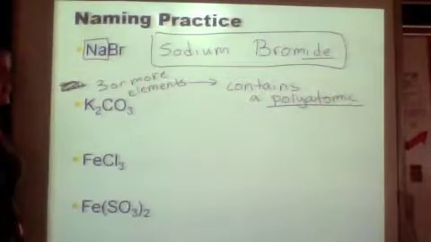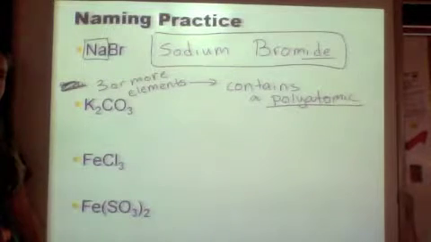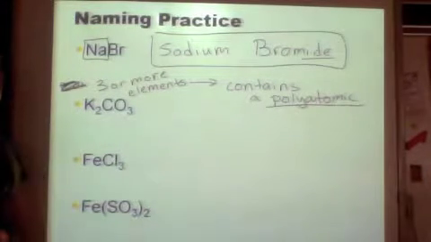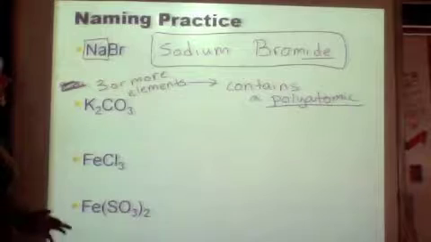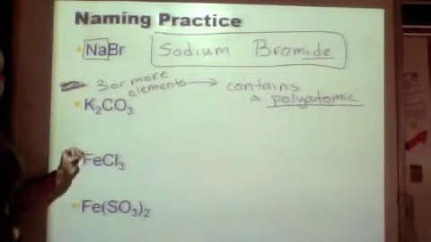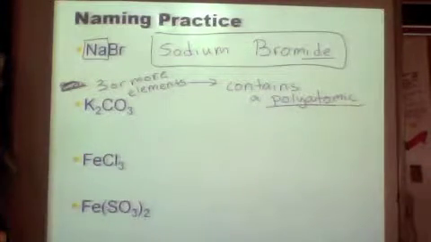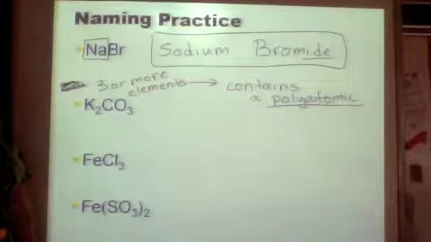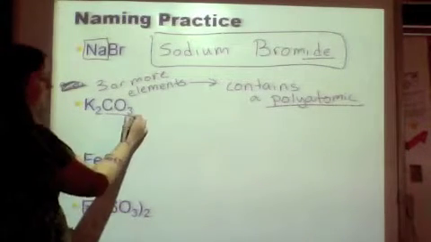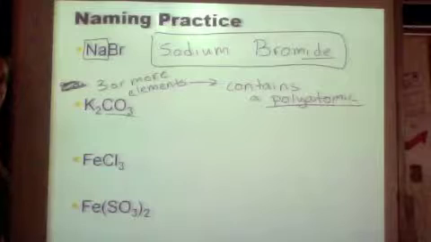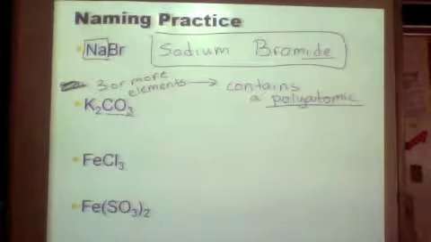So you need to look on page 7 of your reference table. So if you don't have that out, pause the video and get it out. If it contains 3 or more elements, you need to spot where the polyatomic is. So for this one, K2CO3, we have CO3 here. Look on page 7 and you should see that on that list.